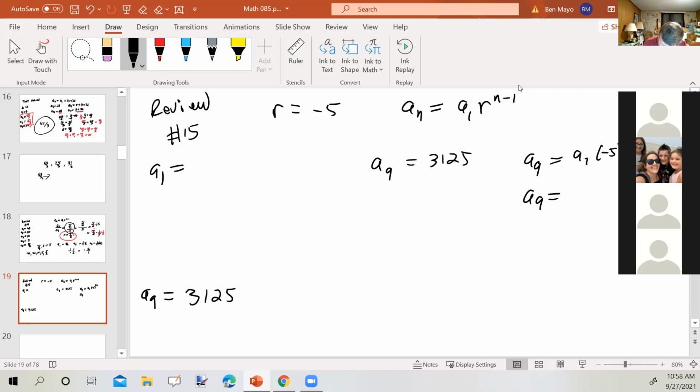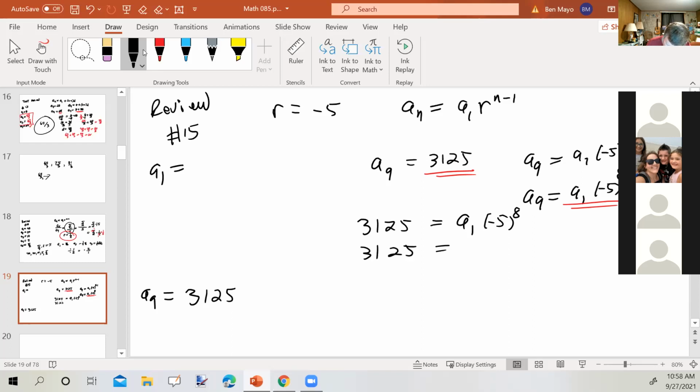So a sub 9 is a sub 1 times -5 to the 8th power. So a sub 9 equals that, a sub 9 equals that. So now I've got 3125 equals a sub 1 times -5 to the 8th power. Are we okay so far?